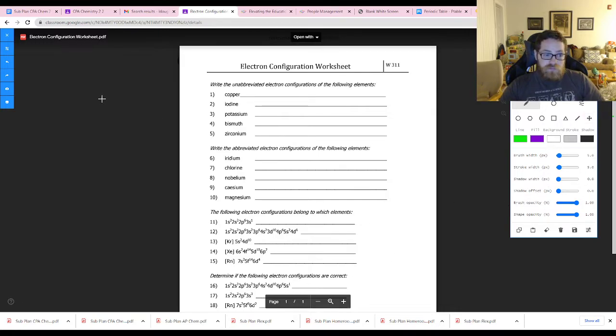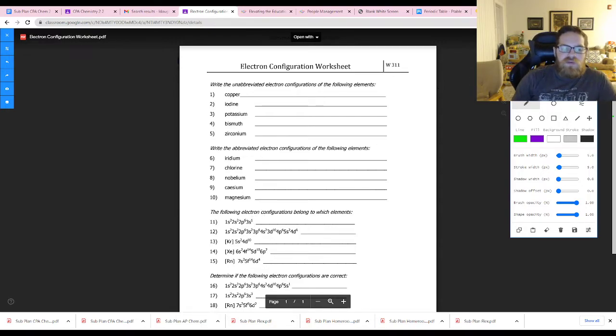So, we have configurations, which the following electron configurations belong to which elements? 1s2, 2s2, 2p6, 3s1.